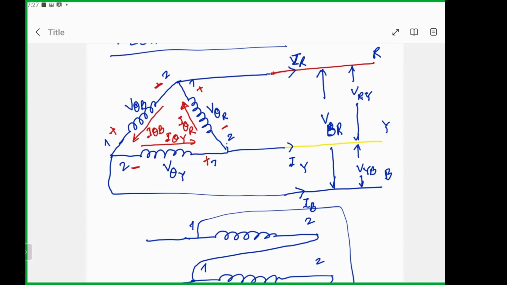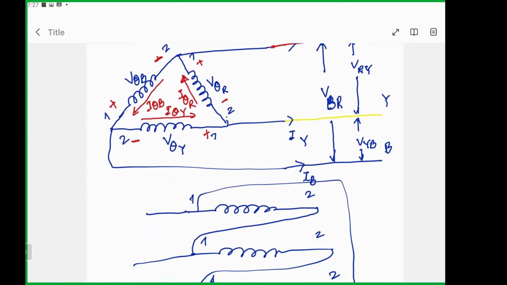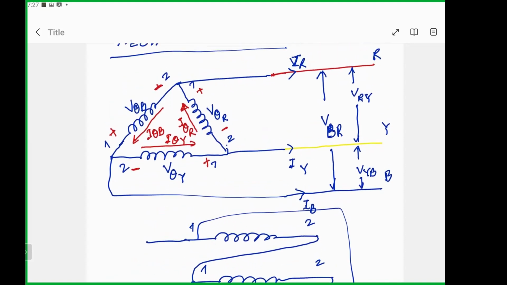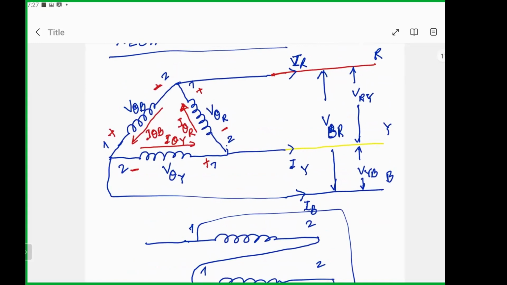Now, if I want to find the relation between the phase voltage and the line voltage, we can take one phase. I have considered RYB, so R is positive and Y is negative, because Y is written second.